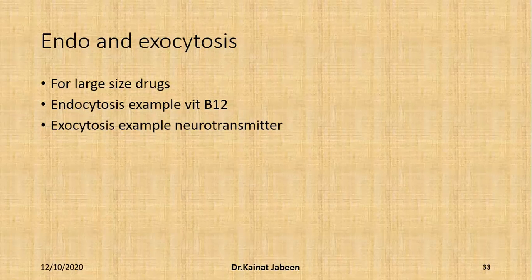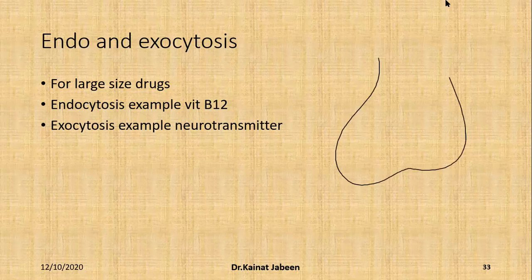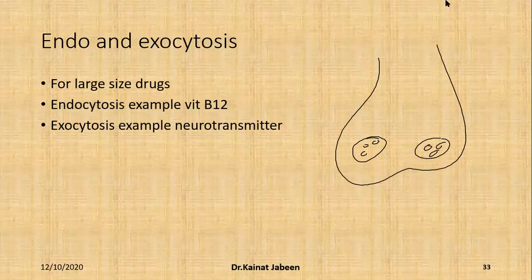Neurotransmitters are the best example, because normally neurotransmitters are stored in vesicles. So how will they move? Through exocytosis. I am going to make a picture. For example, this is a neuron, and here are the vesicles in which neurotransmitters are present. How do they move outside?